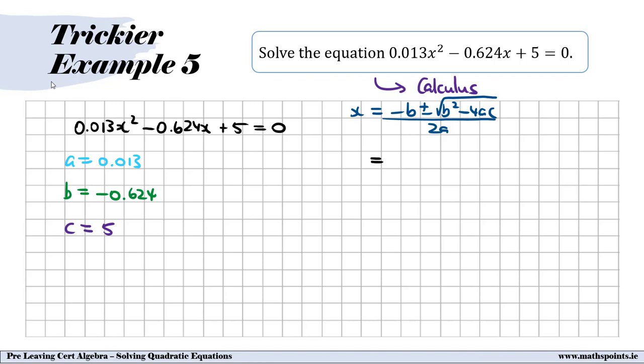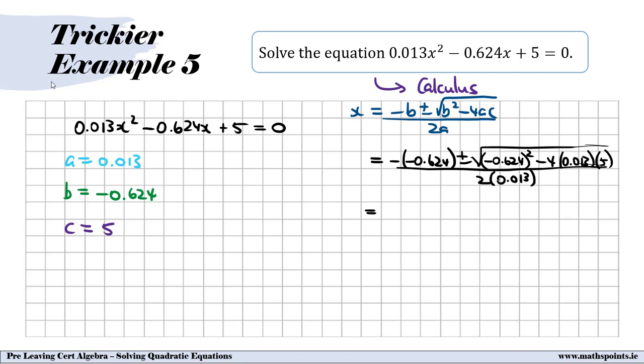So x is equal to minus b, so that's going to be minus minus 0.624, plus or minus the root of b squared, which is minus 0.624 all to be squared. Just be careful to have a bracket. Minus 4 by a, which is 0.013, and then c is going to be 5, and that's all over 2 times a, which is 2 times 0.013.